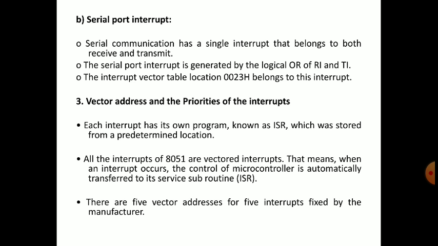So there is no need to search for the ISR. It is automatically transferred to that particular address and starts executing, that is, servicing that interrupt. There are 5 vector addresses for 5 interrupts, fixed by the manufacturer.